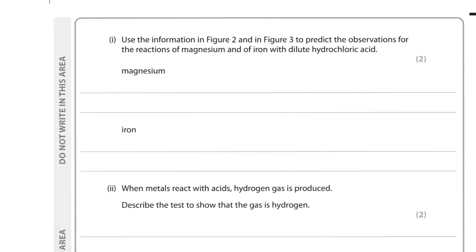So the easiest way to answer this is to say how much bubbling happens, but you need to say, fizzing can be fast or it can be slow, fizzing, bubbling the same. So magnesium, you need to say you get lots of bubbles.